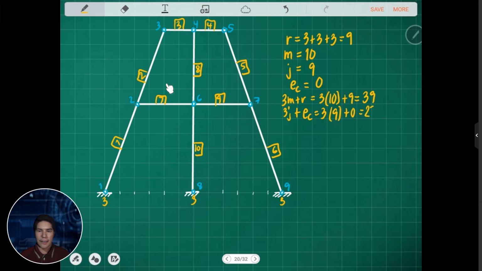So we just need to deduct 39 by 27: 3m plus r minus 3 joints plus EC. So the degree of indeterminacy is 39 minus 27, and that's equal to 12 degrees indeterminate.